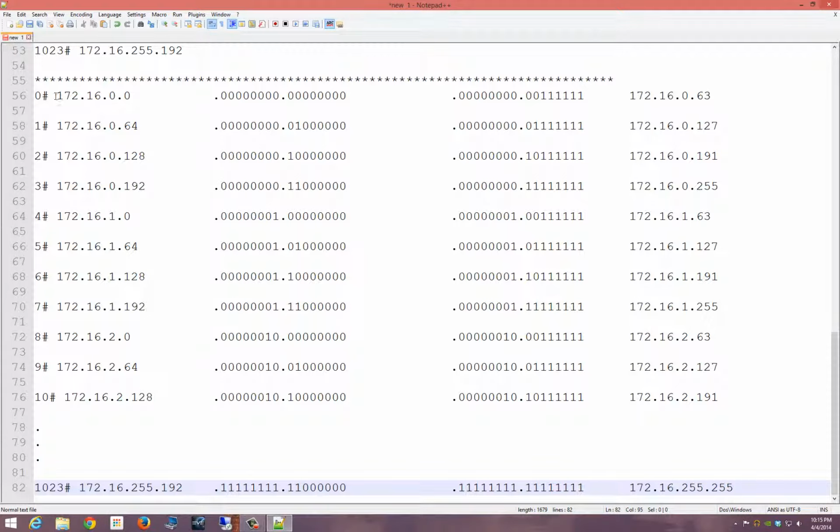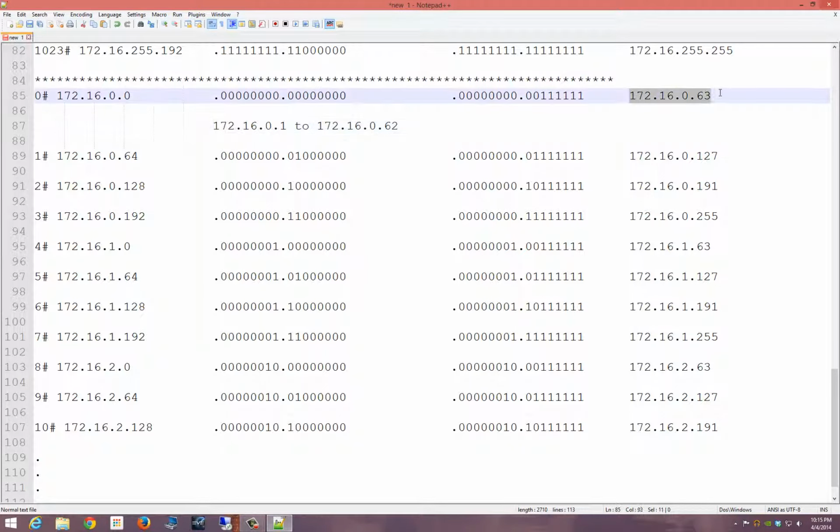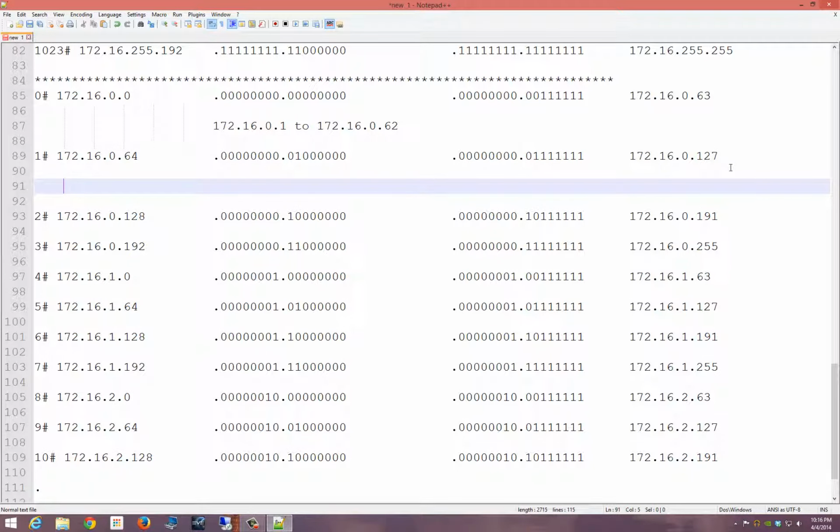So now we need to find the range of usable IPs for each subnet. So I'm going to copy all this down and paste it below. To find my range of usable IPs, I need to increment my subnet address by 1 and decrement my broadcast address by 1. Do this for each subnet.